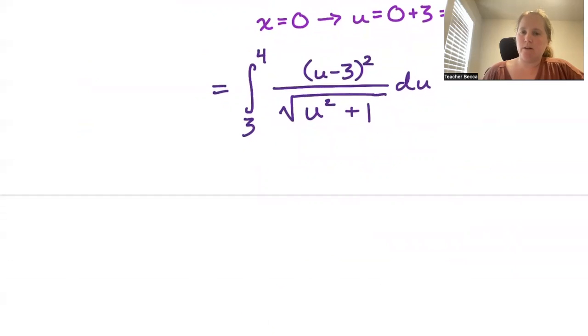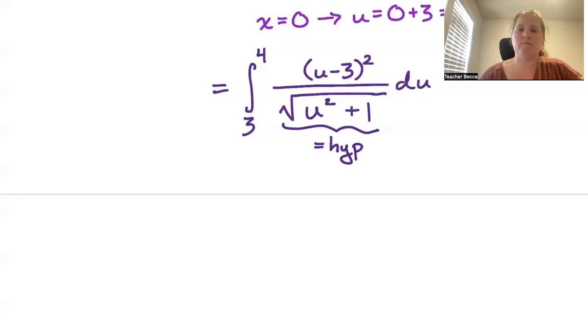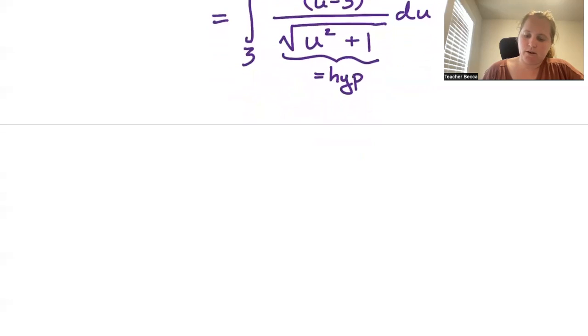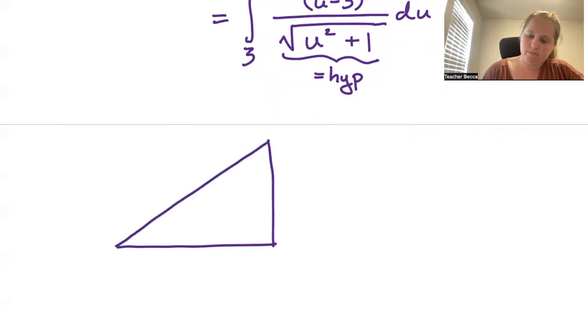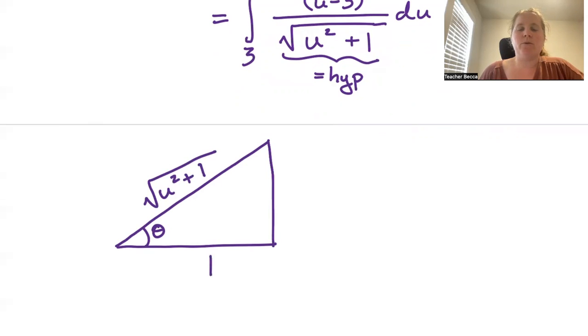At this point, we have a u squared plus 1, so that square root will be our hypotenuse. We can go ahead and draw our triangle. Again, our hypotenuse is the square root of u squared plus 1. 1 is just 1 squared, so we will put 1 as the adjacent, u as the opposite.